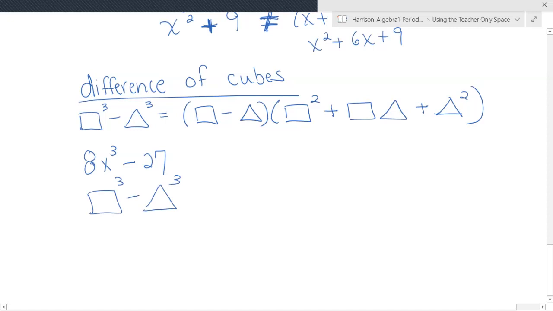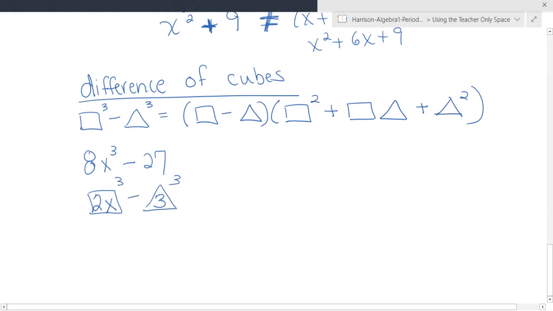What is the cube root of 27? And that would be 3. So we can rewrite 27 as 3 cubed. And it's very important that you identify what goes in this box. What is the base? What is the cube root of 27? And for the first one, of course, we need to have an x in there. And the cube root of 8 is 2.